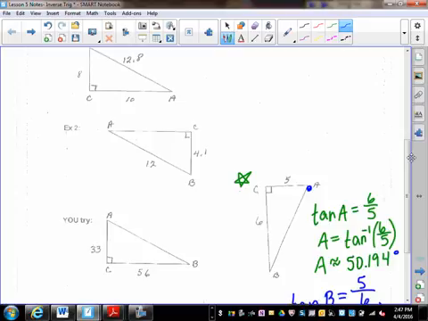Yes, Tiffany? It depends on what angle you're dealing with. Say we're dealing with angle A. This is my angle. The side opposite of that is the one that's not even making that angle at all. What if your opposite one is the hypotenuse? Then you're dealing with 90 degrees.